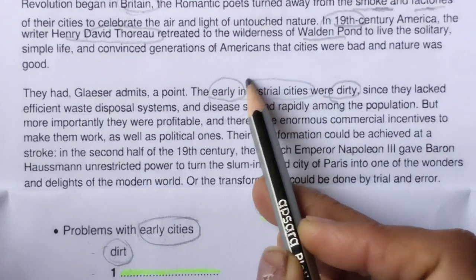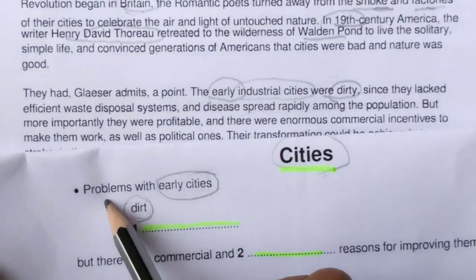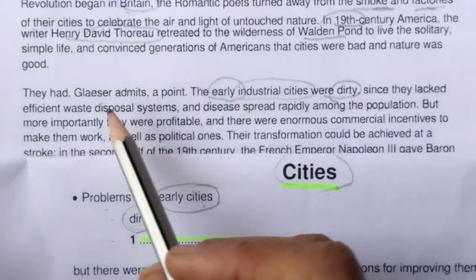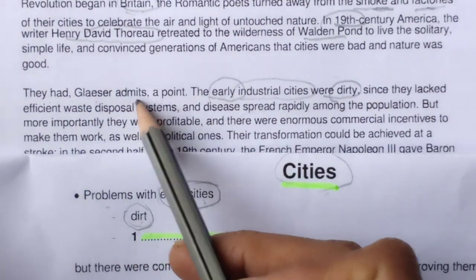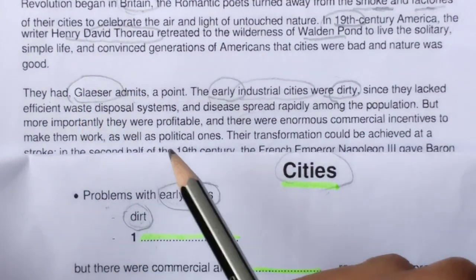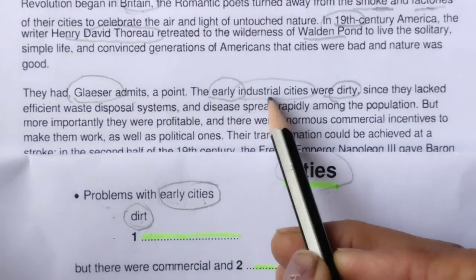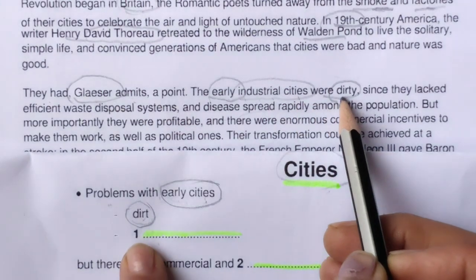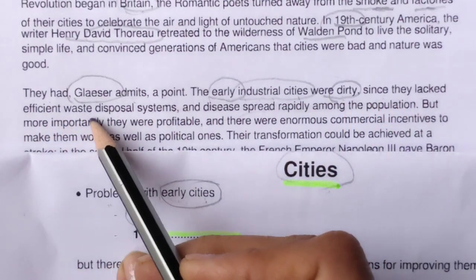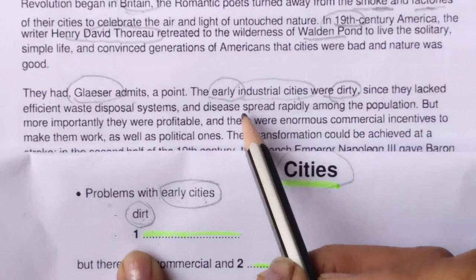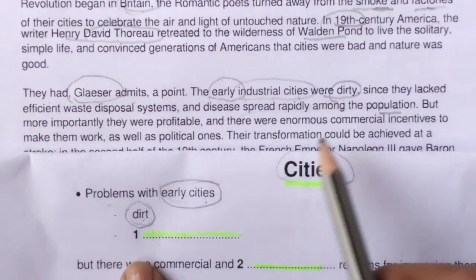Early industrial cities, it means they are talking about early cities, and dirt here. They had Glaeser admits a point. So this is the writer's name. The early industrial cities were dirty since they lacked efficient waste disposal systems, and disease spread rapidly among the population.